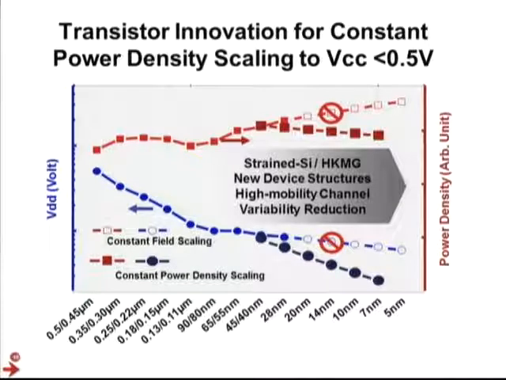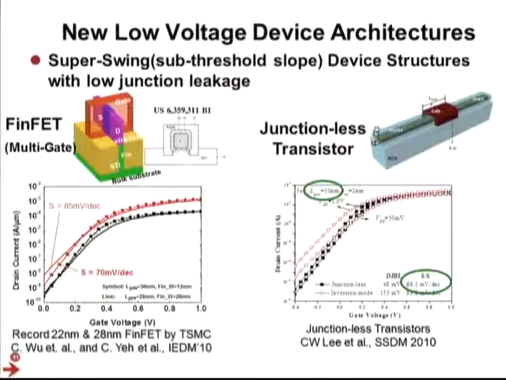Going forward, new device structures, high mobility channel materials, and variability reduction are the key things to focus on. Here are some examples of the new transistor structures with super swing and low variability that allow us to scale VT and supply voltage further.